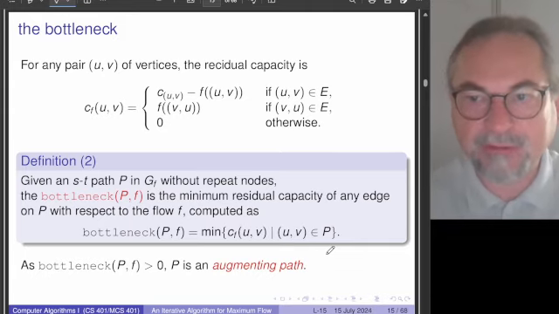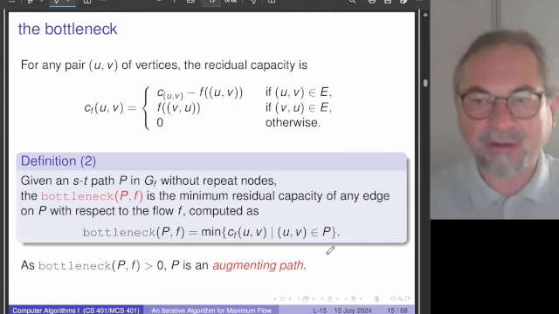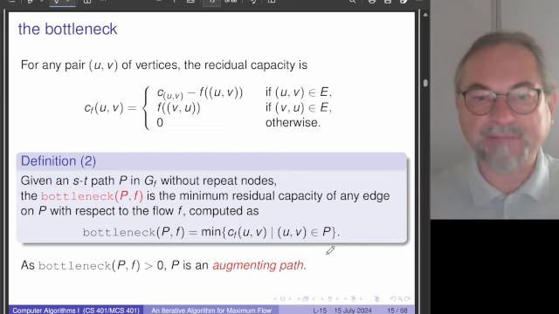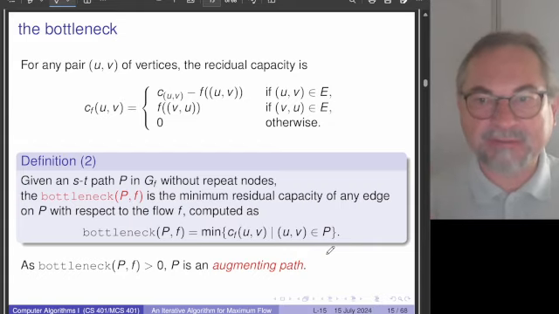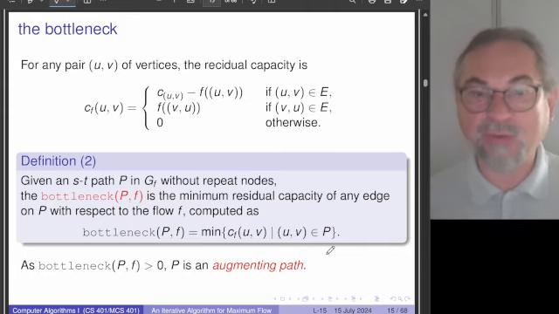We look at then if there is a path, and the bottleneck on a path from source to sink is the minimum of all the residual capacities. And if that path exists, the bottleneck will be positive, and we will have an augmenting path. And then we can increase the flow by the value of the bottleneck.